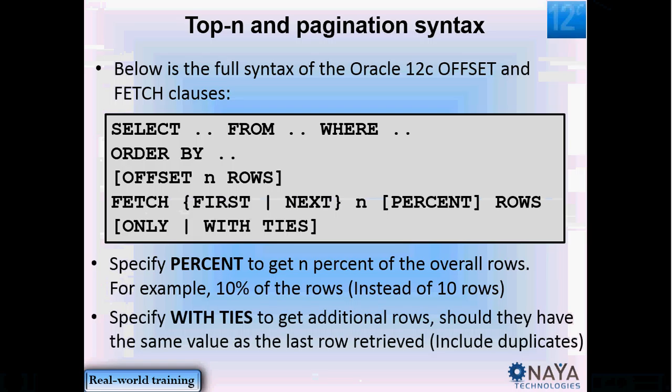And we can specify WITH TIES. The with ties option will optionally retrieve additional rows should they have the same value as the last row we retrieve. It will include duplicates.